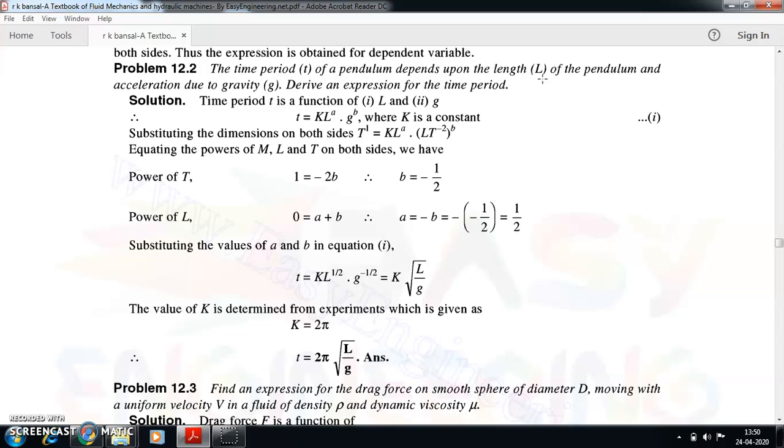You find them out and you form a mathematical equation which links the variables. Here we found the mathematical equation for time period which is linked with L and g.